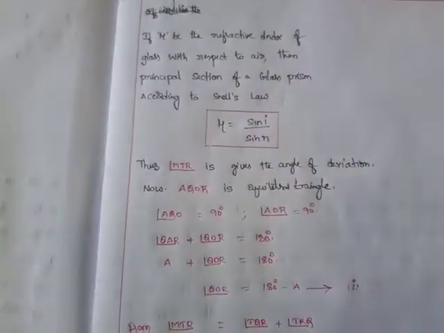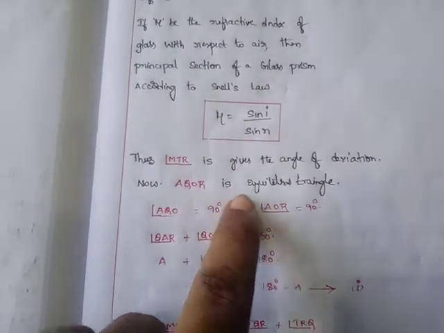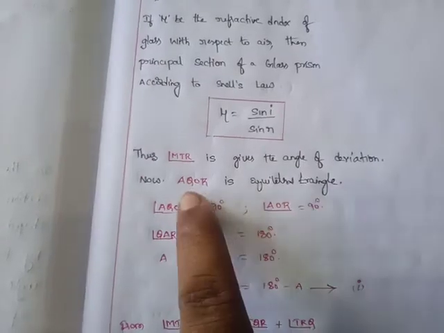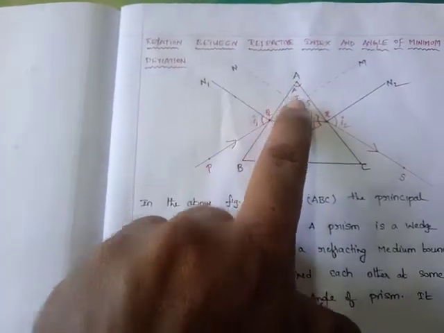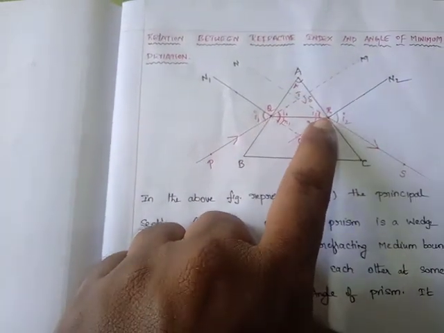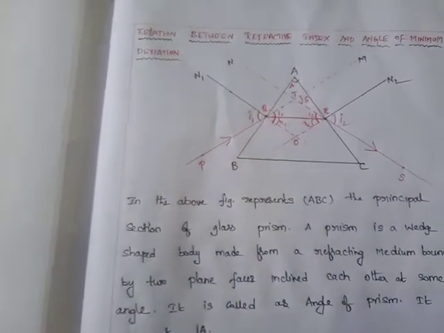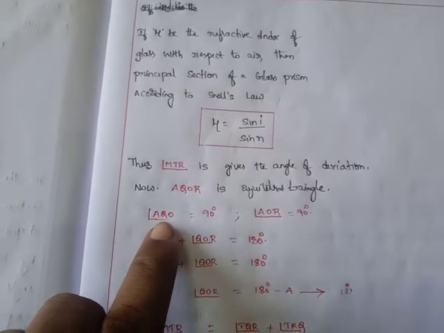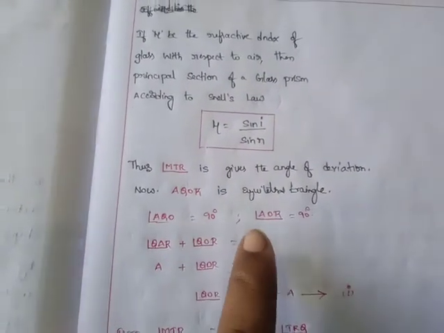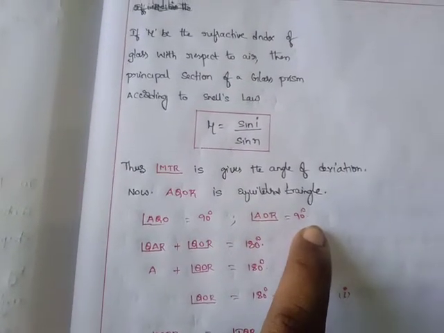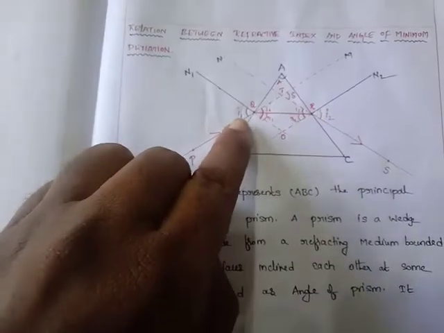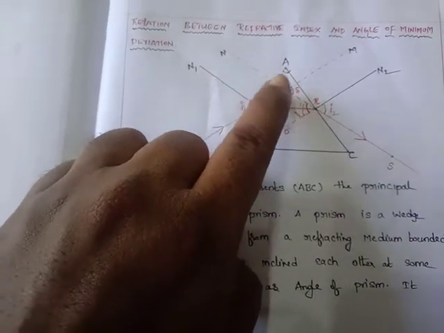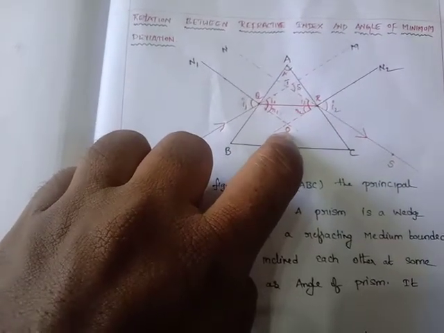Now, AQOR is an equilateral triangle. See here, in the quadrilateral AQOR, angle AQO is equal to 90 degrees, angle ARO is equal to 90 degrees.